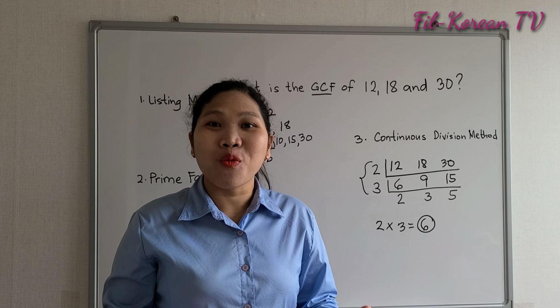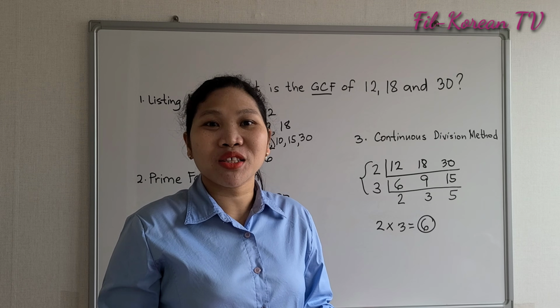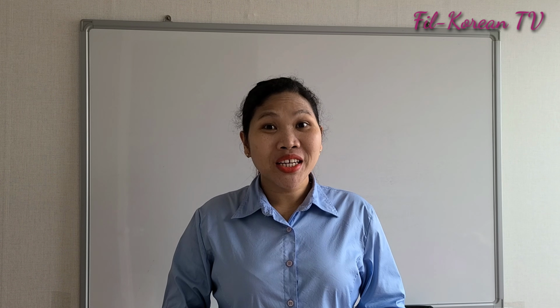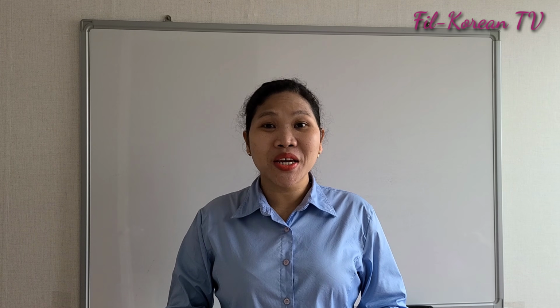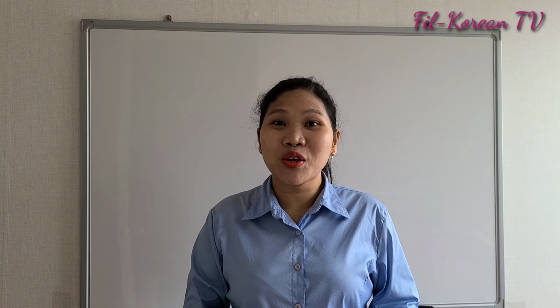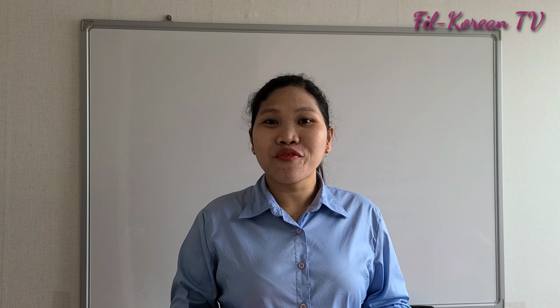You can choose what method is the best for you to get the answer quickly. But for me, the fastest way to get the GCF is using the continuous division method. I'll give you a last example, and this time we will just use one method, the continuous division method, because this is the fastest way and I want you to master this.